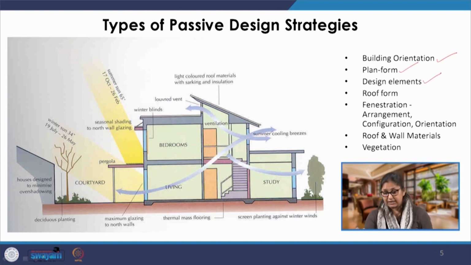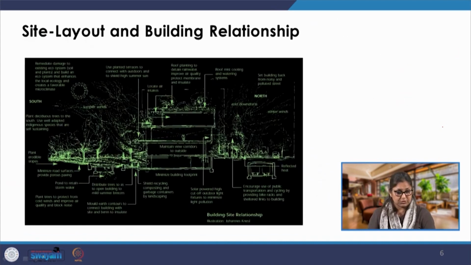There are different design elements that we look at, roof form, fenestration, which includes arrangement, configuration, orientation, all of that, and specifics such as vegetation. We will talk about materials in later part of the course. The first, as we said, is about site layout and building relationship. So, we have to look at the vegetation which is going to be there on site, which will impact the shading.